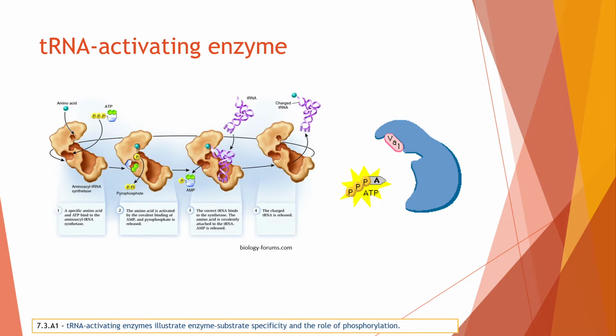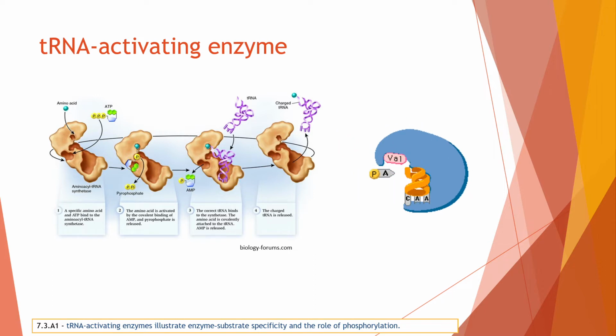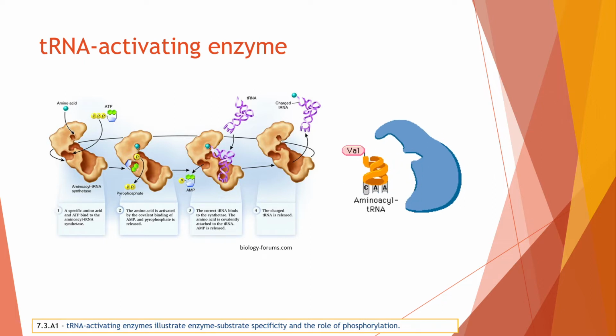Then an ATP molecule arrives, binds, and hydrolysis provides energy for the change of the active site. Then tRNA may bind, and due to removal of the remains of ATP, the active site changes its shape slightly to form the bond between tRNA and amino acid. Then the molecule is released.